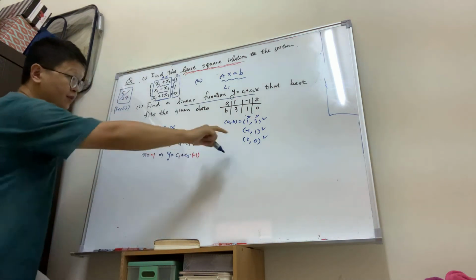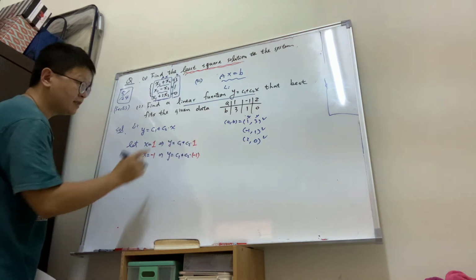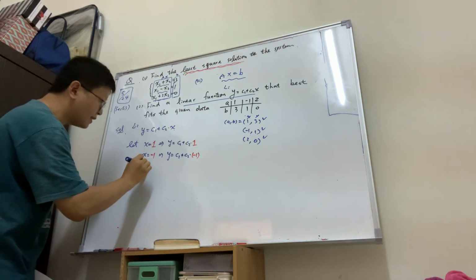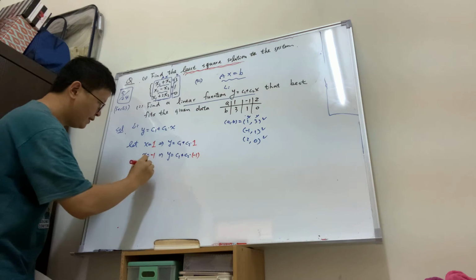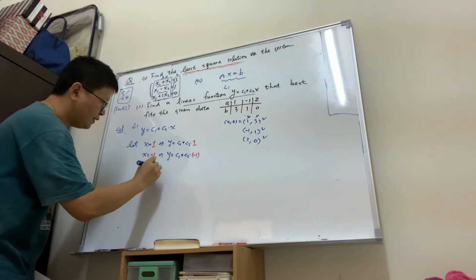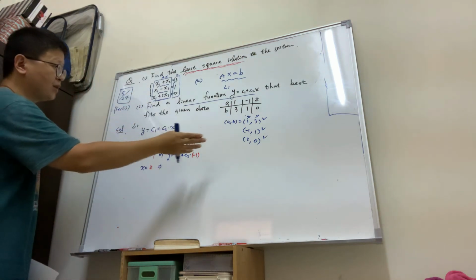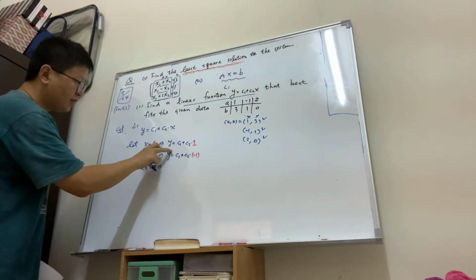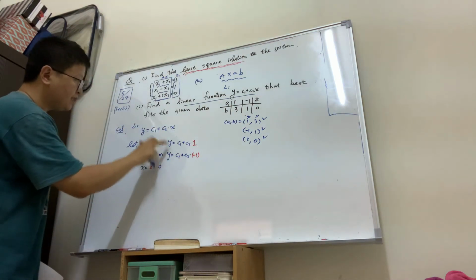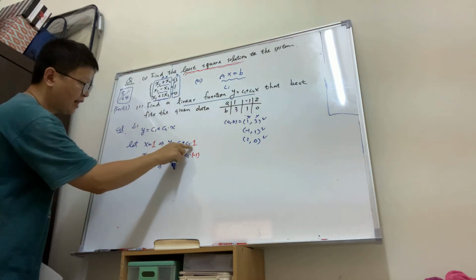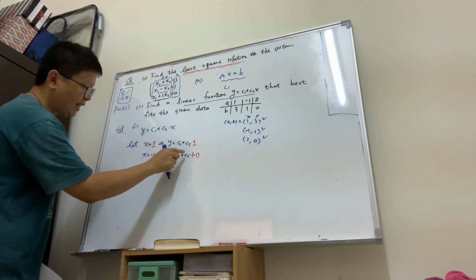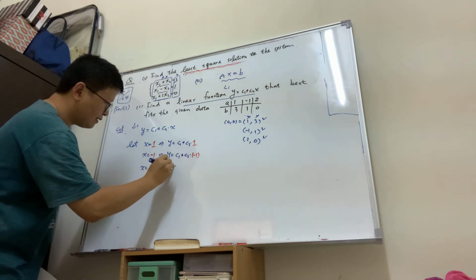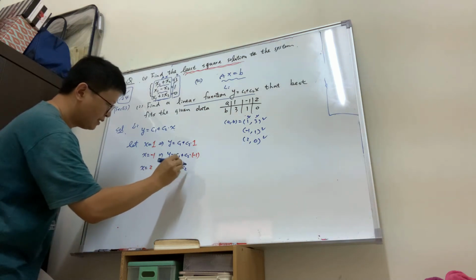Then for the third pair, x equals 2, the y value is c1 plus c2 times 2.